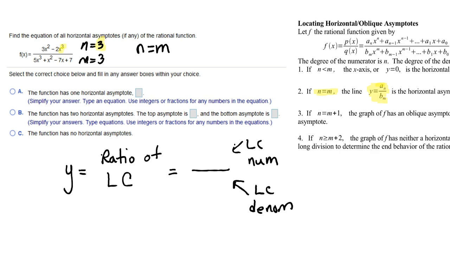So we have x to the power 3. The leading coefficient is that coefficient that's attached to that term. So it's going to be negative 2. And for the denominator, we said that's degree 3. So we have x to the third power, and the coefficient attached to that is 5. So the line y equals negative 2/5 is the horizontal asymptote for this rational function.